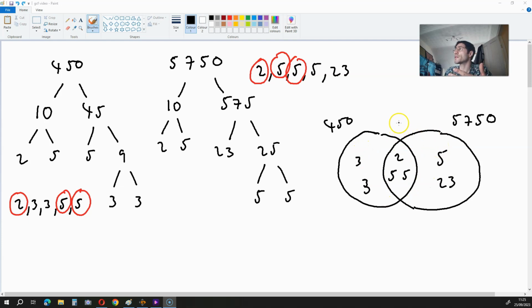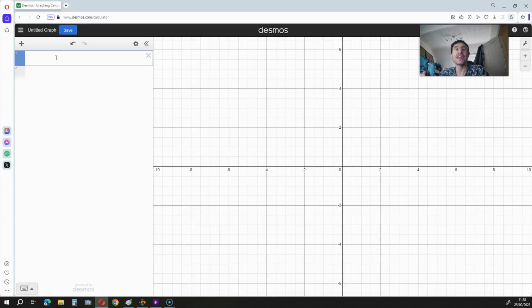You only need to multiply the numbers within the intersection over here. So the greatest common factor of these two numbers is going to be 2 times 5 times 5, and that gives us 50.